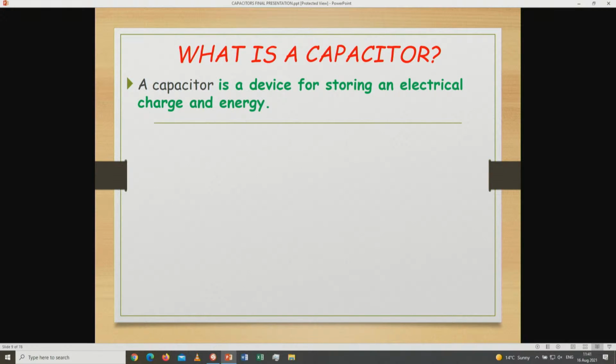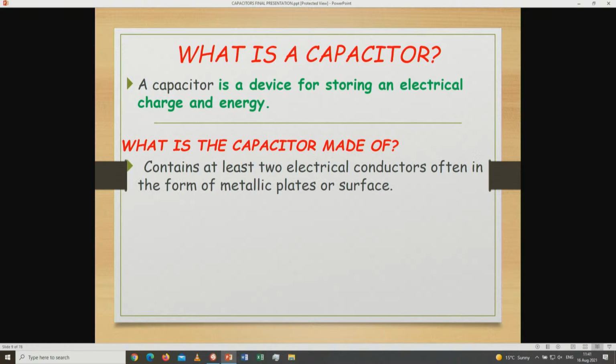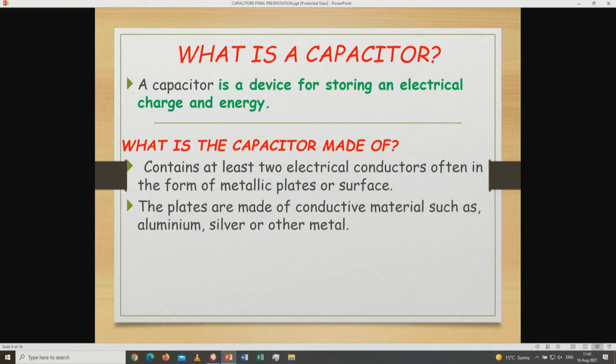What is a capacitor? I've already indicated that a capacitor is a device for storing electrical charge and energy. What is it made of? A capacitor contains at least two electrical conductors, often in the form of metallic plates or surfaces.